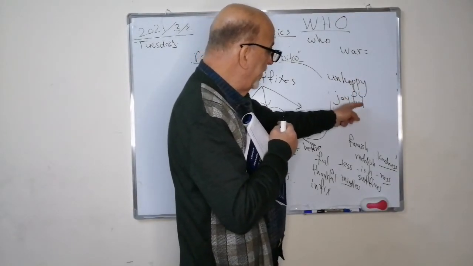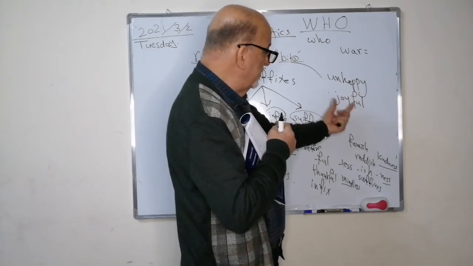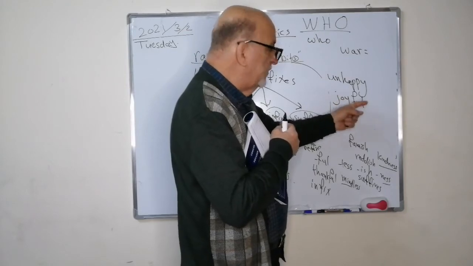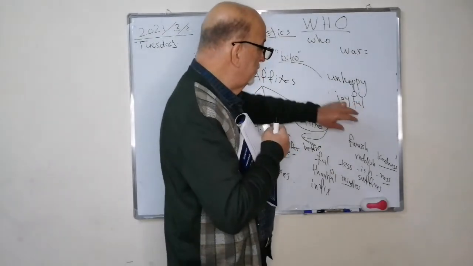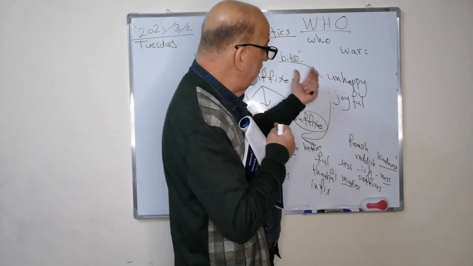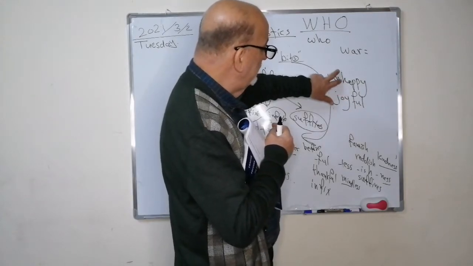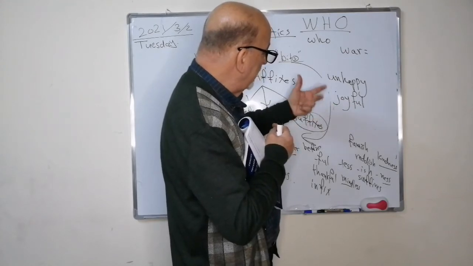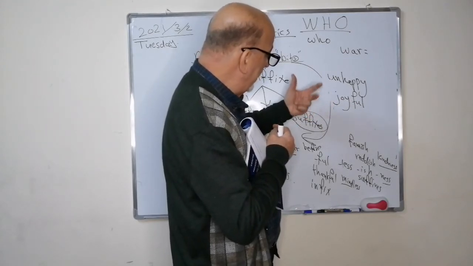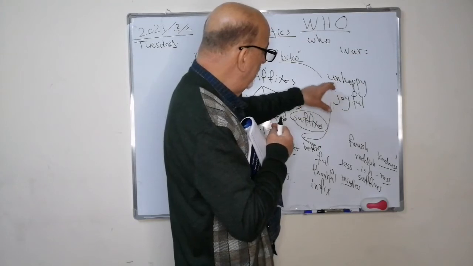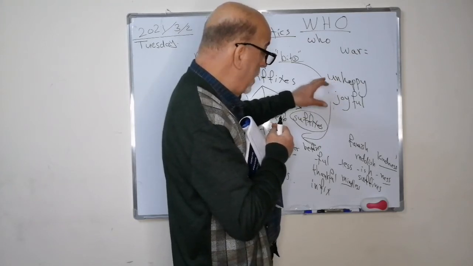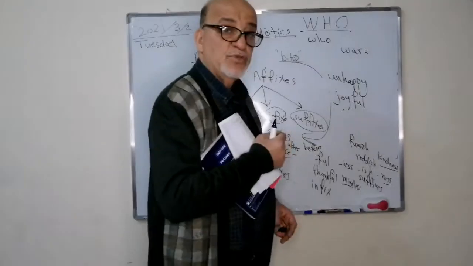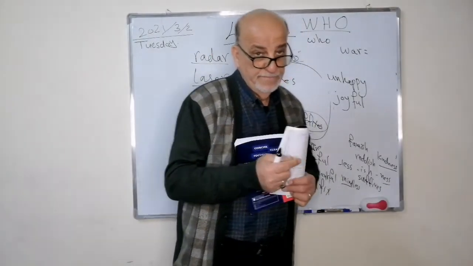I added FUL and created a new word. So now joyful is a new word, unhappy is a new word. Already we have happy and joy, but by the addition of UN, which gives the opposite, and FUL to joy, we have unhappy and joyful.